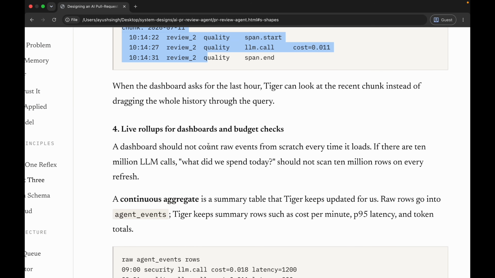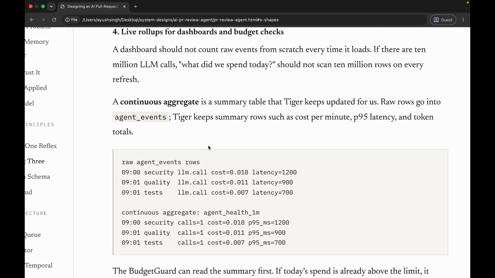So we need to have those dashboards, right? We need to be able to quickly understand what we spent today, rather than going through the 10 million rows. So Tiger gives something known as a continuous aggregate. A continuous aggregate is a summary table that Tiger keeps updated for us.